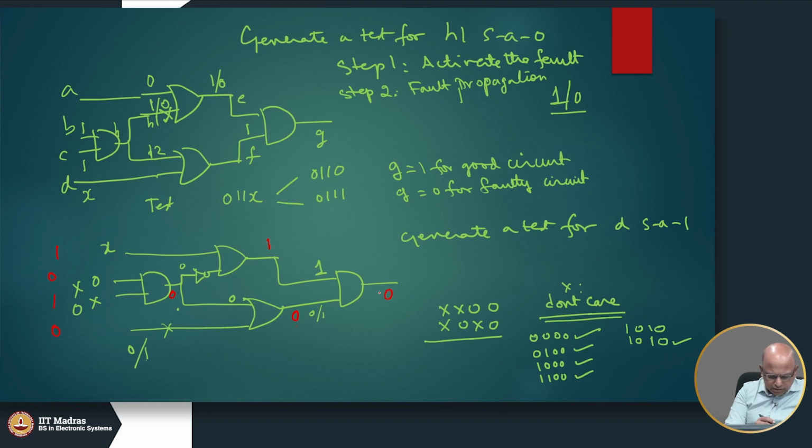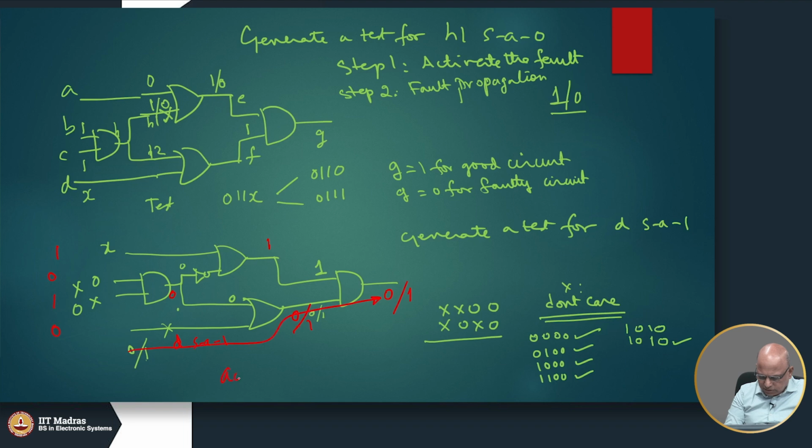On the other hand, if the D is stuck at 1, okay, so D is stuck at 1, fault exists, that will cause this to become 1 and it will change this to 1. So, we have activated the fault and propagated to one of the outputs.